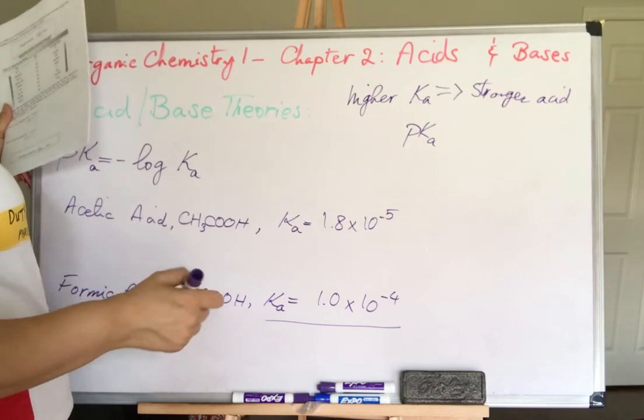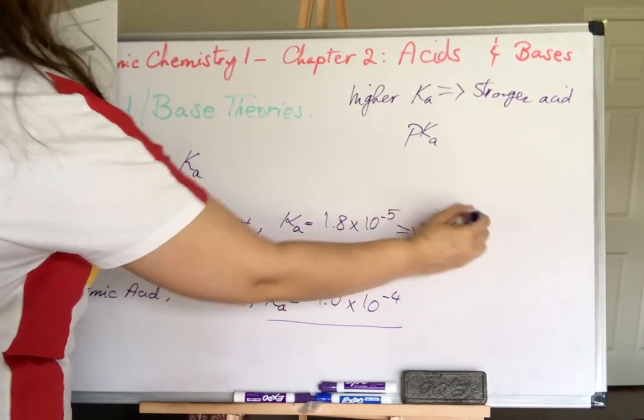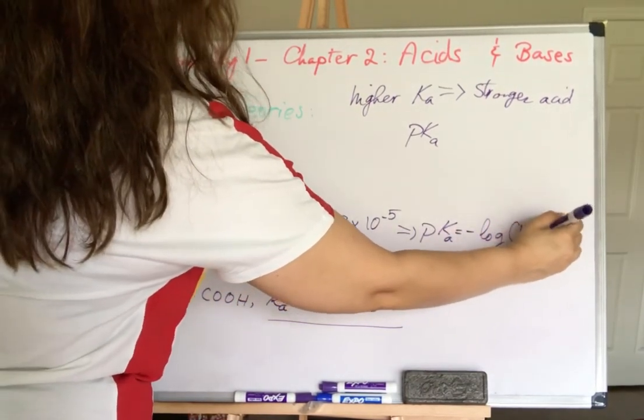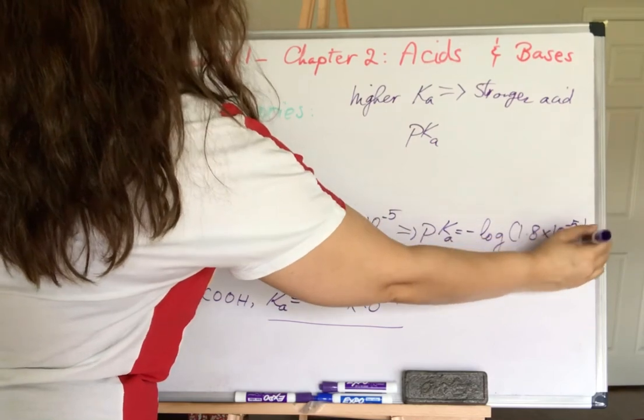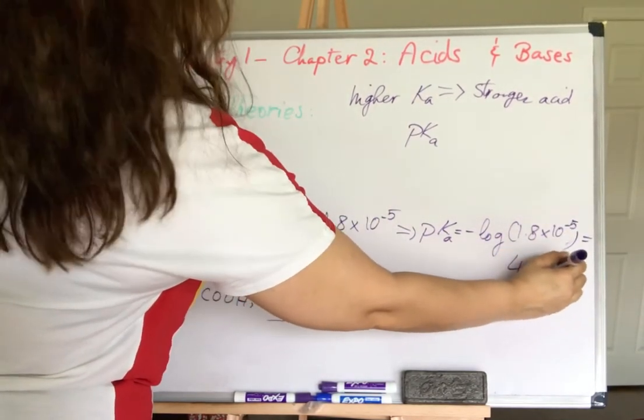But let's find their pKa values. So pKa, which is minus log of Ka, minus log of 1.8 times 10 to negative 5 for acetic acid is 4.74.